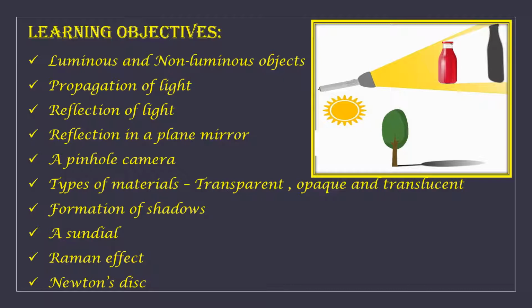And you will be understanding about a pinhole camera and how it is made, and the different types of material, that is whether the material is transparent, opaque or translucent. Then we will also be understanding the formation of shadows, then the sundial, the Raman effect and Newton's disk.